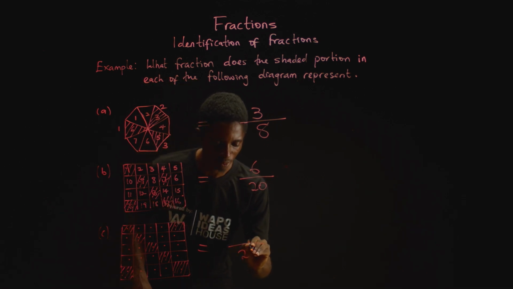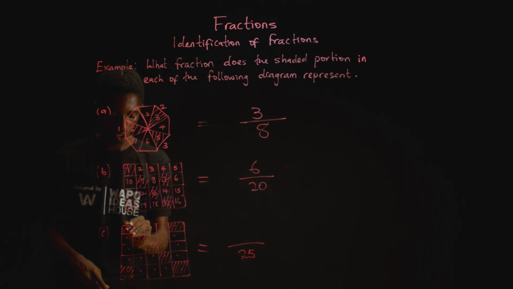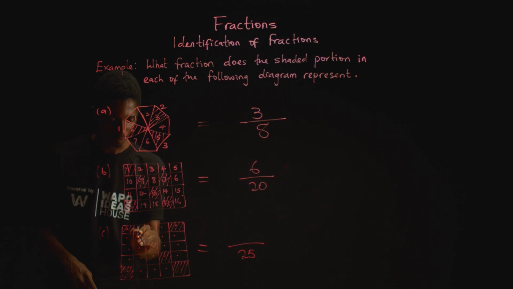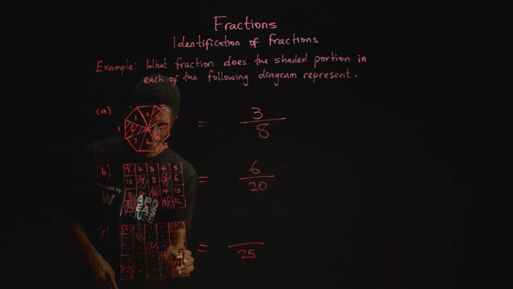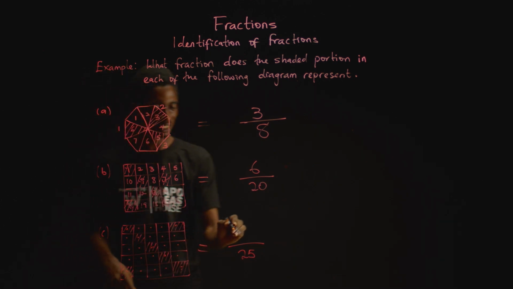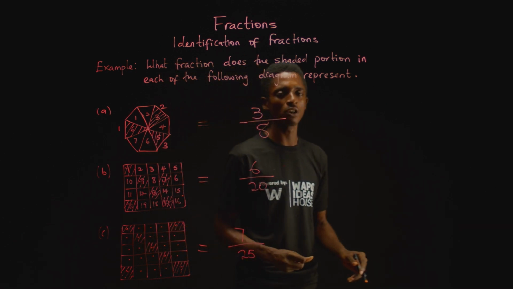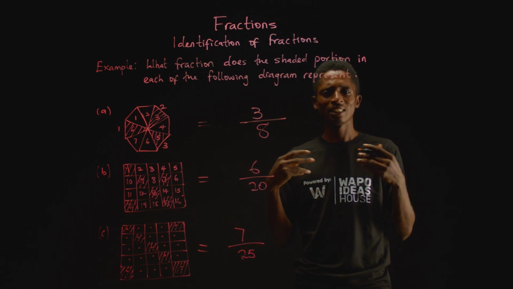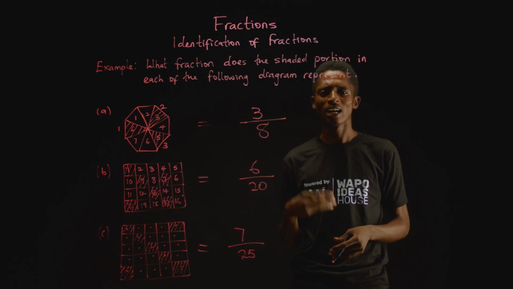Now that is our denominator. And then let's count the shaded portions. 1, 2, 3, 4, 5, 6, and 7. Therefore, this diagram represents 7/25.